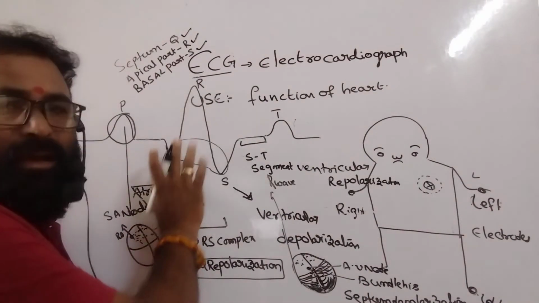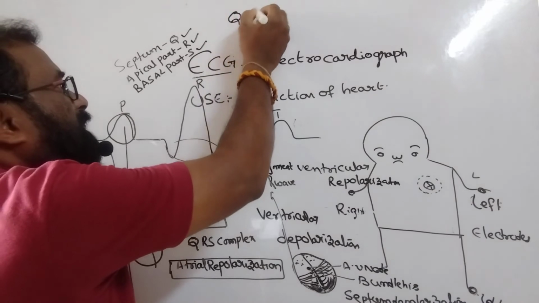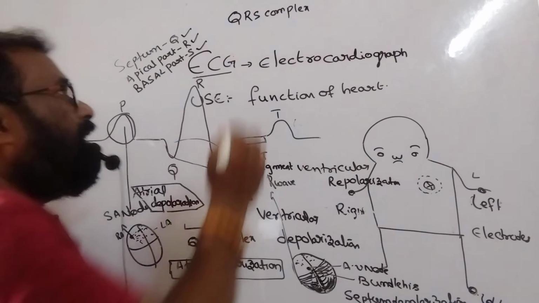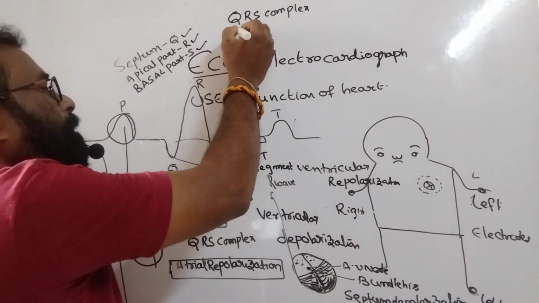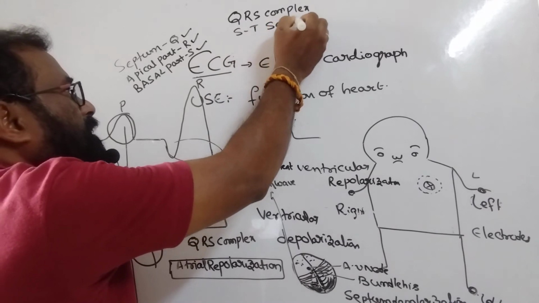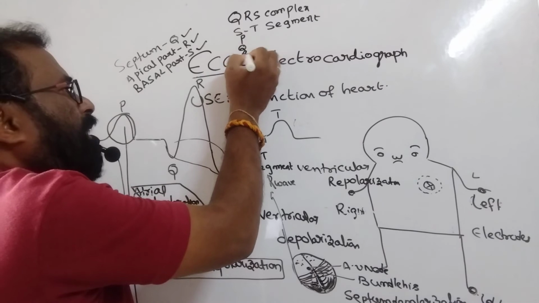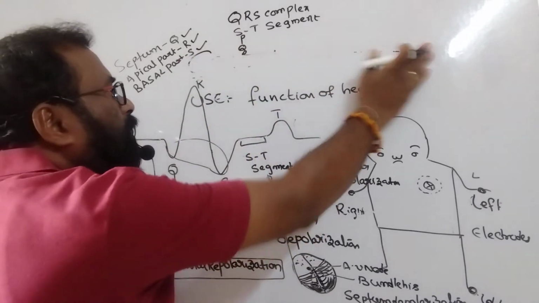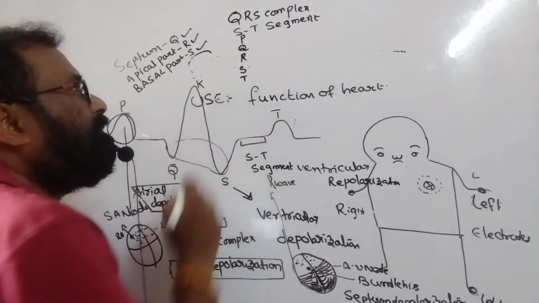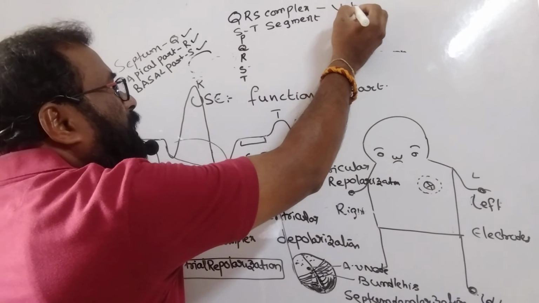So here, in the ECG, there is the QRS complex, the ST segment, the P wave, Q wave, R wave, S wave, T wave. The QRS complex indicates ventricular depolarization.